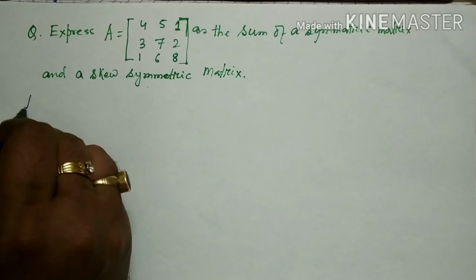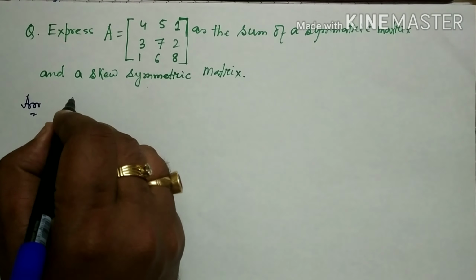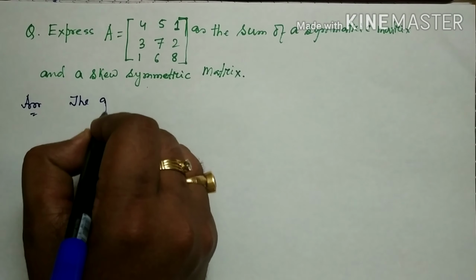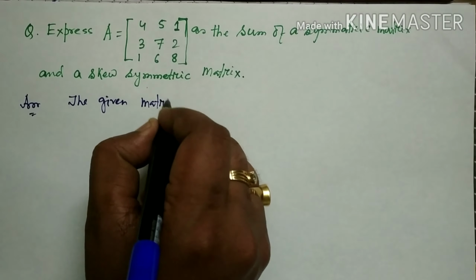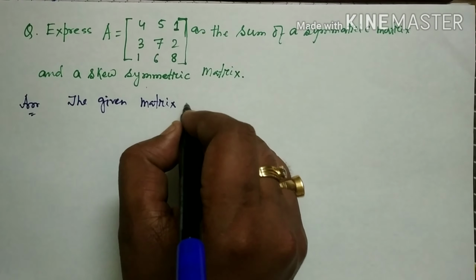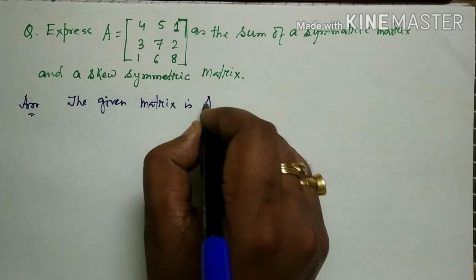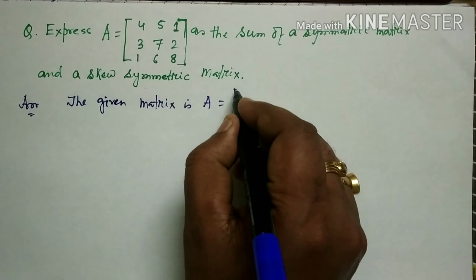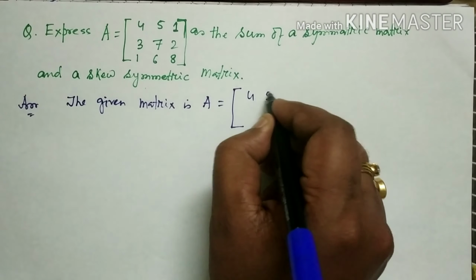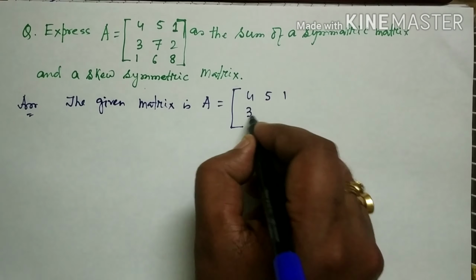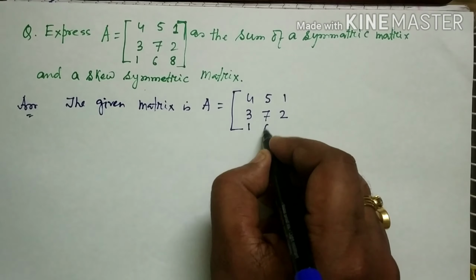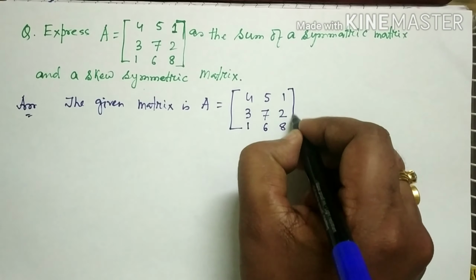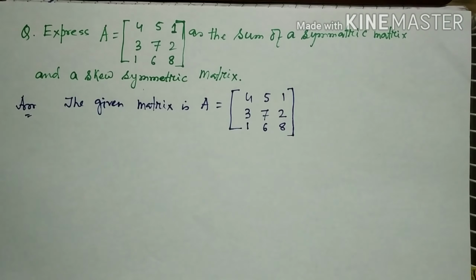Okay, answer. The given square matrix is A is equal to [4 5 1; 3 7 2; 1 6 8]. Okay.